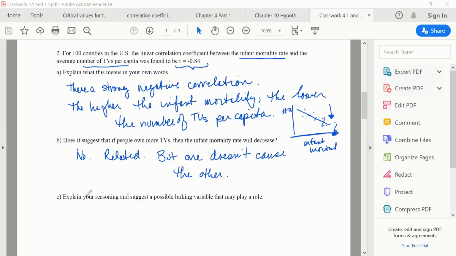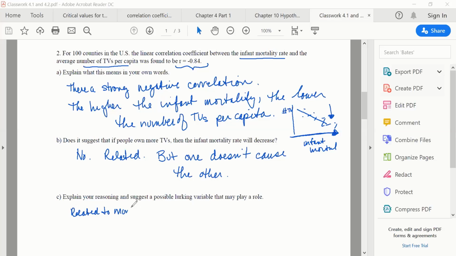So the question is, why do you think there might be a lurking variable that plays a role? Why do you think that infant mortality rate is higher in some places than other places? What are some other factors that might be related to infant mortality? Money.